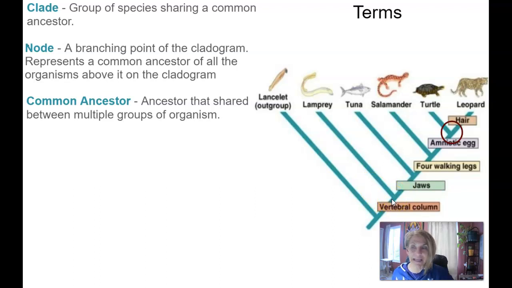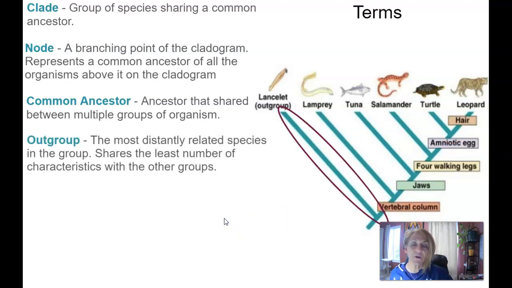So that's a common ancestor that they have together. The outgroup is the most distant related out of the group. It has the least number of characteristics the same. So like the lancelet does not have a vertebral column. So that differentiates it from all the other organisms in this particular group.